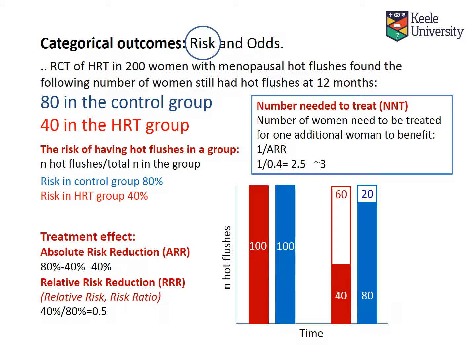And when you divide, you divide 1 by 0.4, not 1 by 40. And you will end up with a number needed to treat of 2.5. You can round it to 3 or to 2. The number of women needed to be treated for one additional woman to benefit is 3. So you treat 3 women to have a fourth woman to benefit from the treatment in this instance.